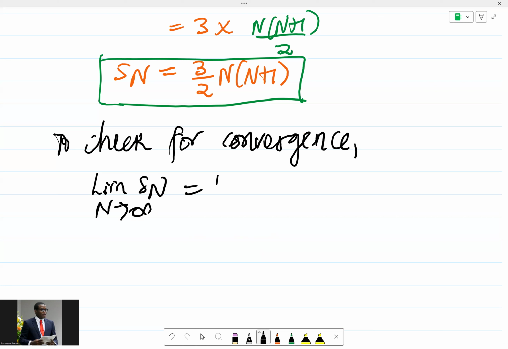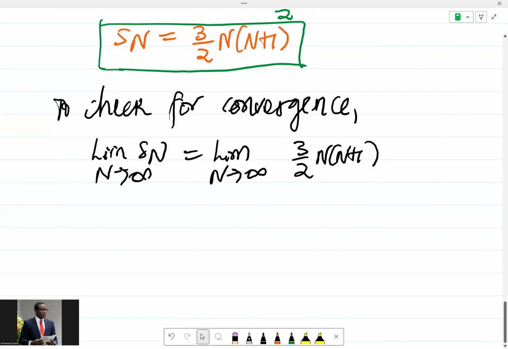That means we have the limit as n goes to infinity of 3 over 2 n into n plus 1. Okay, so 3 over 2 is constant, so we have the limit. I've done all this under calculus. If you check the playlist on basic calculus, we did a lot of things on limits and continuity. So this is the limit as n goes to infinity of n into n plus 1.